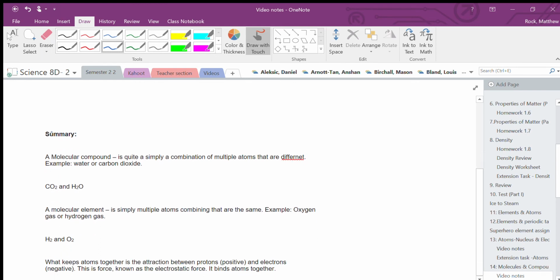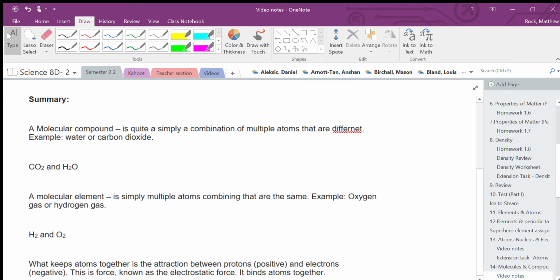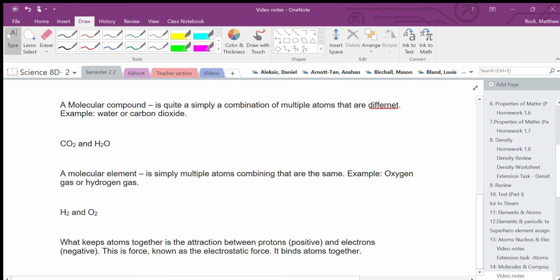Now, the first thing that we need to make mention of is this summary here, which I like to look at as: a compound or a molecular compound is quite simply a combination of multiple atoms. So always keep in mind, when we're talking about molecules, we're not talking about single atoms or single elements anymore. When we talk molecules, we're talking combinations of multiple atoms. Now we have our two types of molecules.